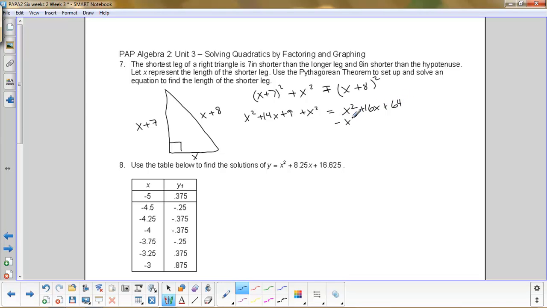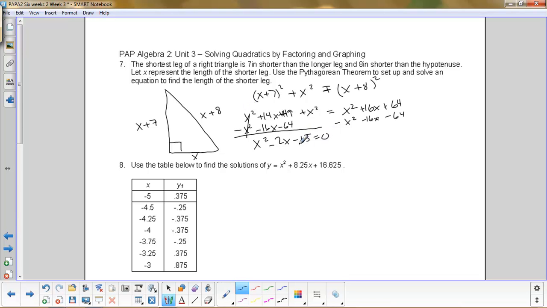Subtract these entire values to the other side. Alright, cancels, and you come up with x squared minus 2x minus 15 equals 0.